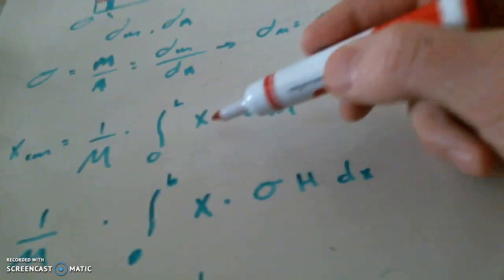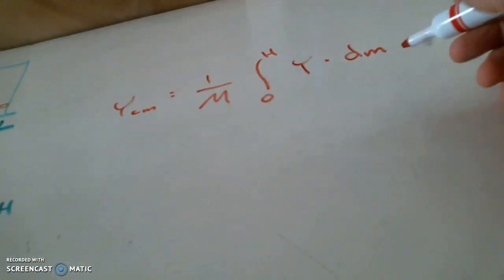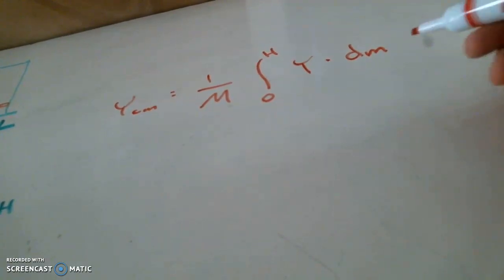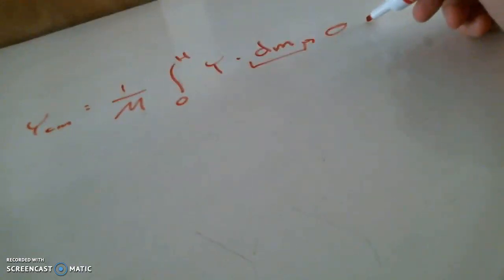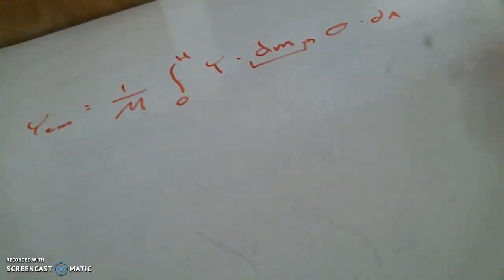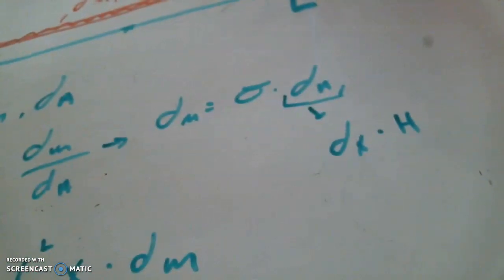So you see how that formula corresponds to this formula, 1 over m, the integral from 0 to L of x dm. All it is is 1 over m, the integral 0 to h of y dm. The differential mass is the same differential mass. It's a sigma times a differential area. The differential area then is a differential y times an L.